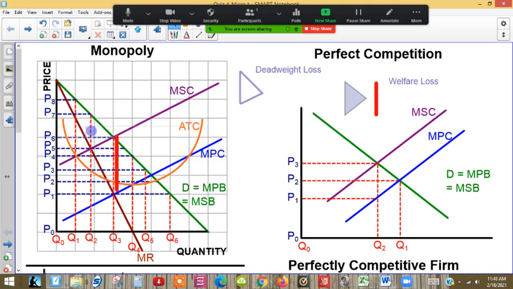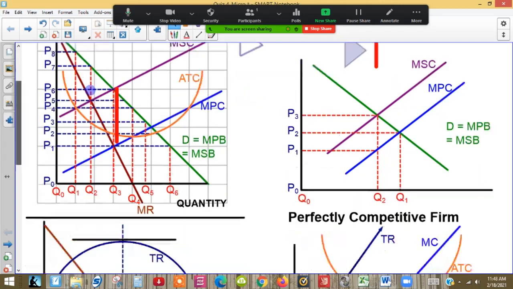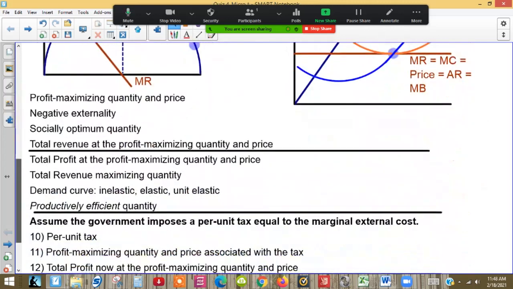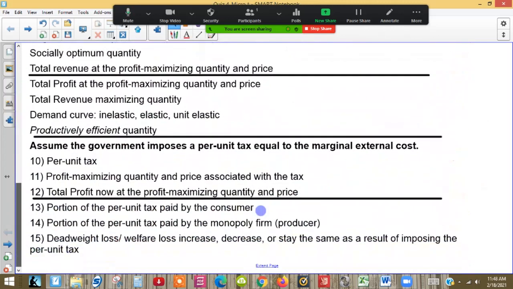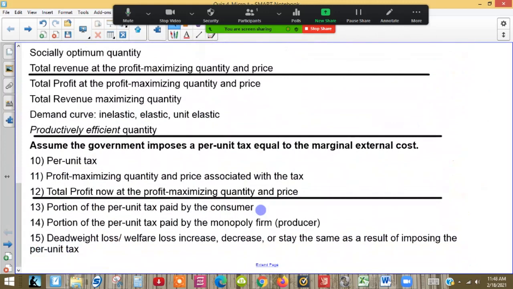Whatever these dollar amounts are, you would just take the dollar amount P7, the new price, and subtract from that the old price, and get the portion of the tax that the consumers would have to pay. And then when you're looking at the portion that the producer would have to pay, it's whatever's left, right?